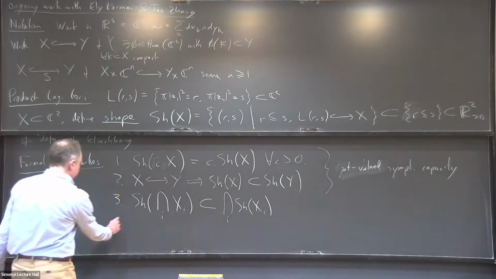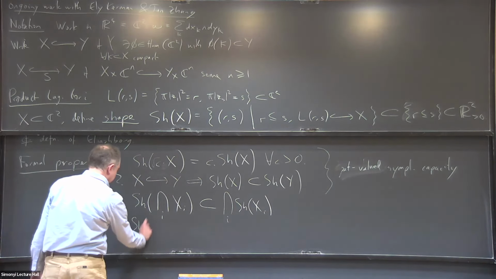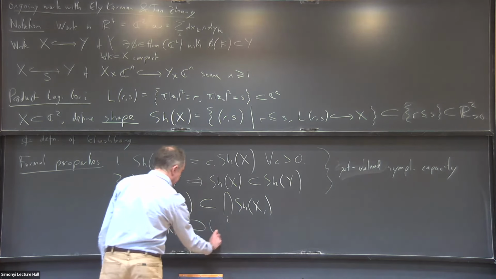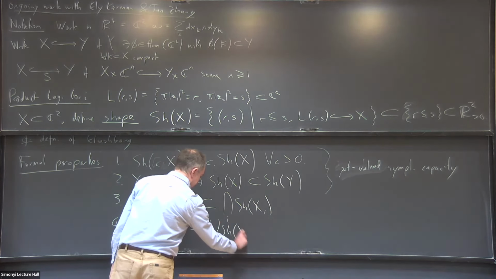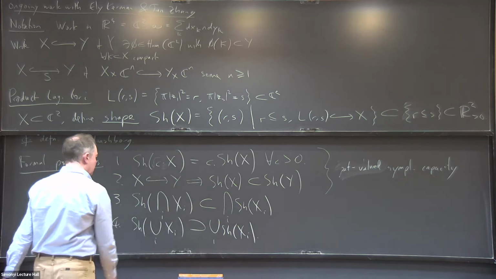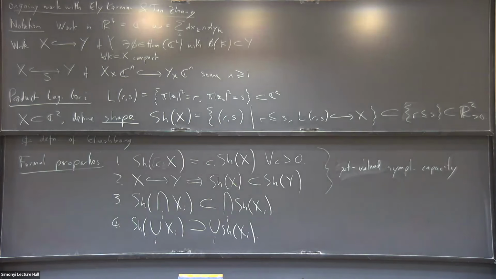Right, and then for unions, it goes the other way, right? So the shape of a union contains the union. Okay. Right, so that's the shape.